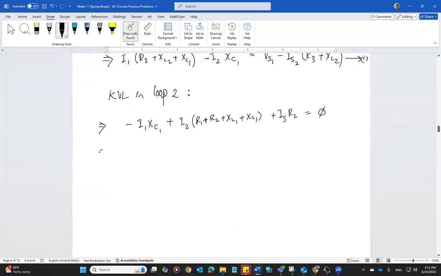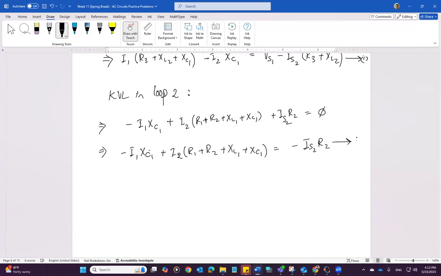And once again, unknown quantities on one side: minus I1 XC1 plus I2 times (R1 plus R2 plus XL1 plus XC1). And the known quantity is negative IS2 times R2.